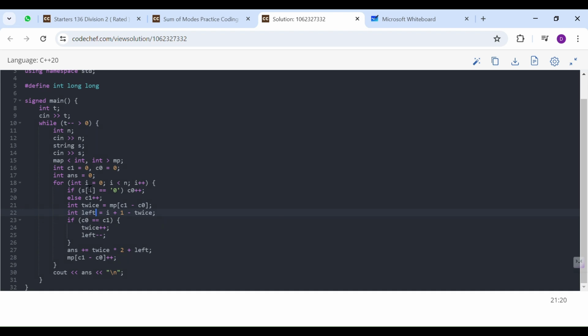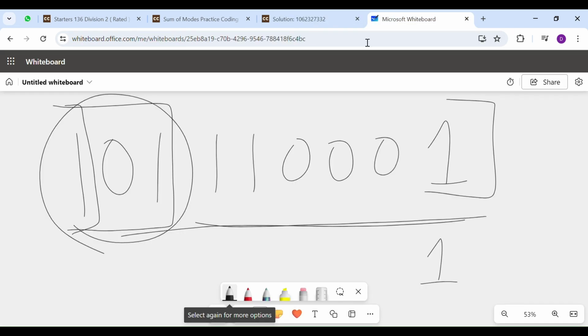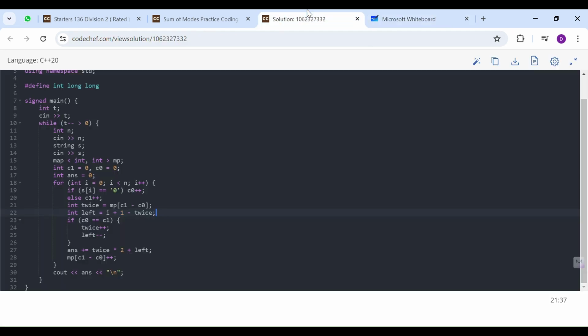If I am on index I, then there are I plus 1 total subarrays which are ending at the ith index. So I calculate twice as this count, and left as the remaining. And then the corner case: if I end at an equal number of ones and zeros, then I have to add that complete subarray as well.